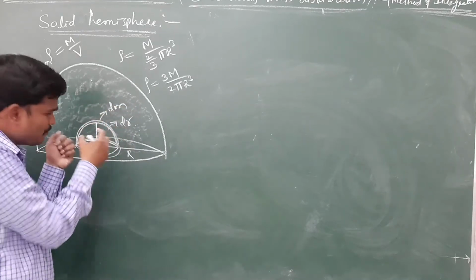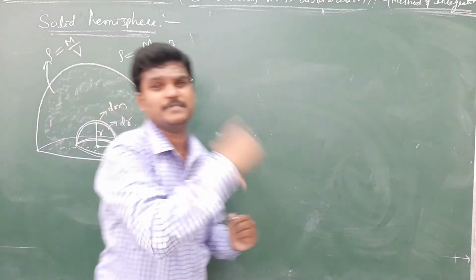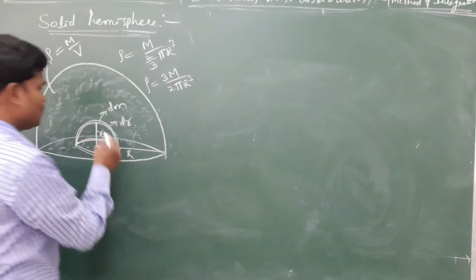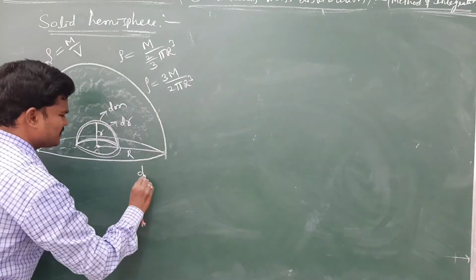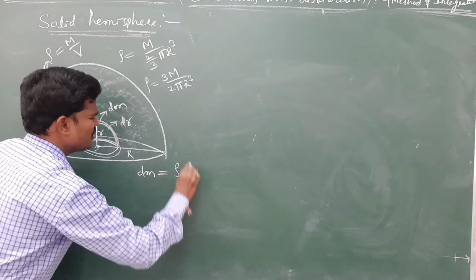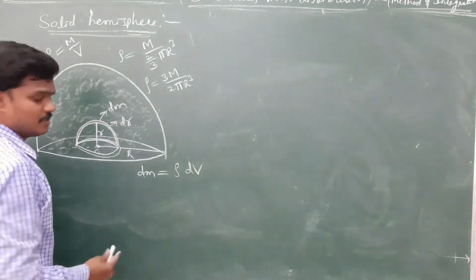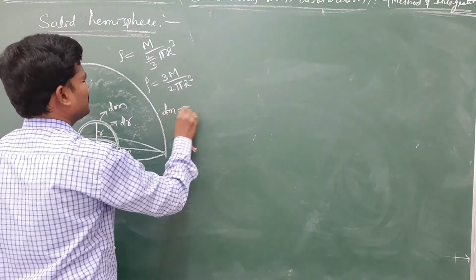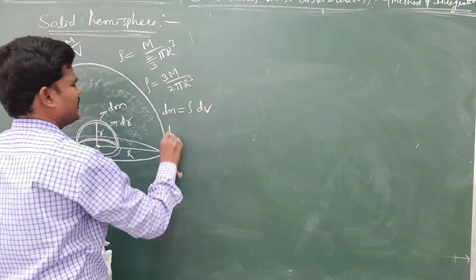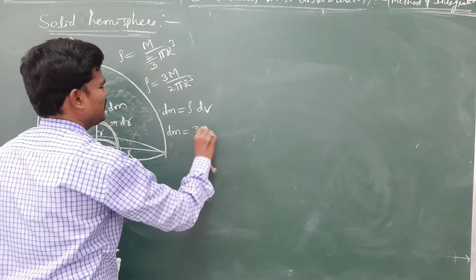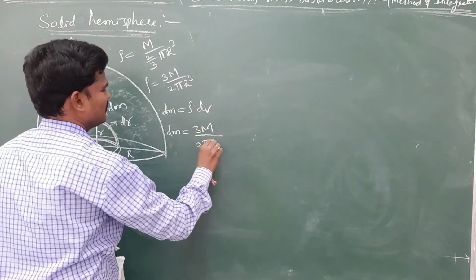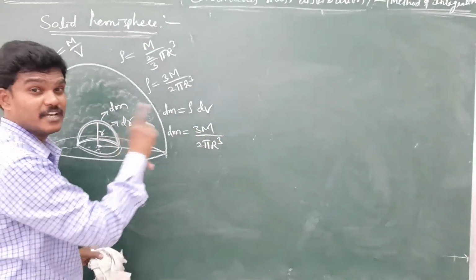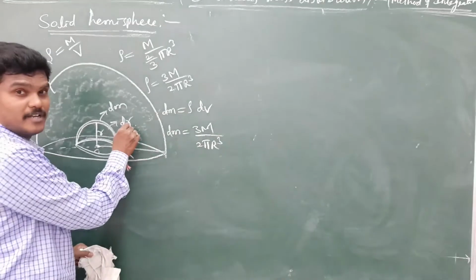If you take a small part, that small part is like a hollow hemisphere. So dm we can write as rho into dv. Let me write dm here. So the small part is dm equals rho dv, which is 3m by 2 pi r cube dv. dv we can write as area into dr, area into length.